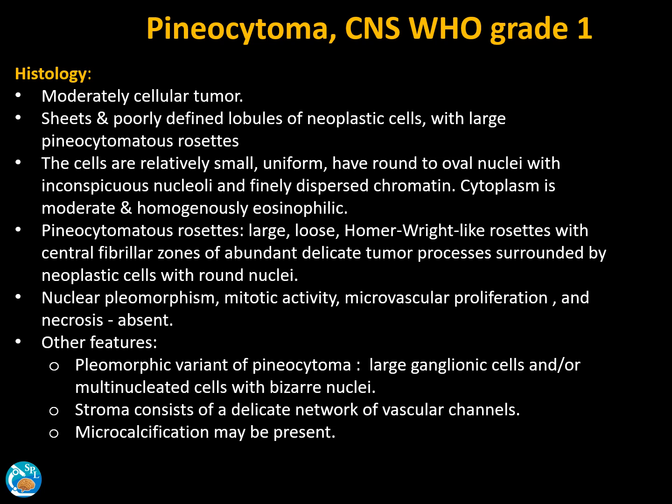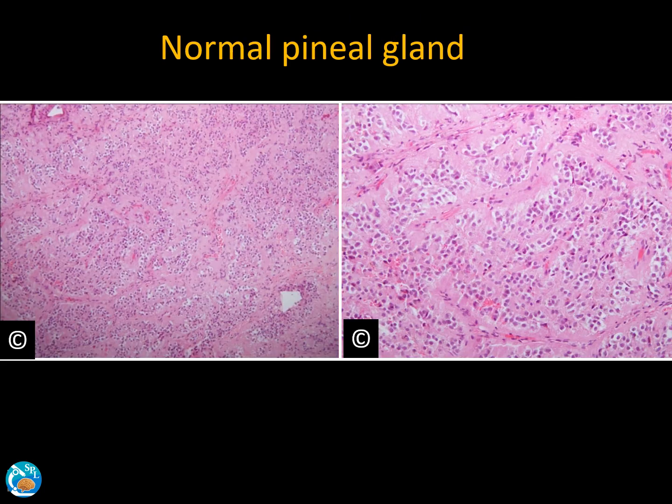Coming to histology of pineocytomas, these are CNS WHO grade 1 tumors. And before that, we'll have a look. The normal pineal gland has well-defined lobular architecture. Now, these pinealocytes are separated by strands of connective tissue along with loose neuroglial stroma.